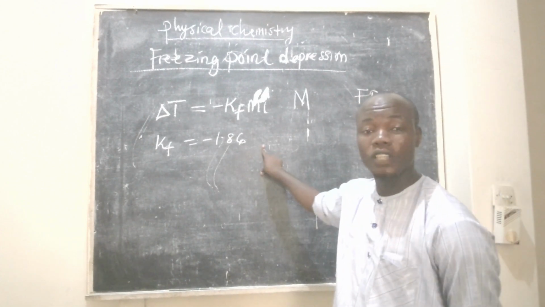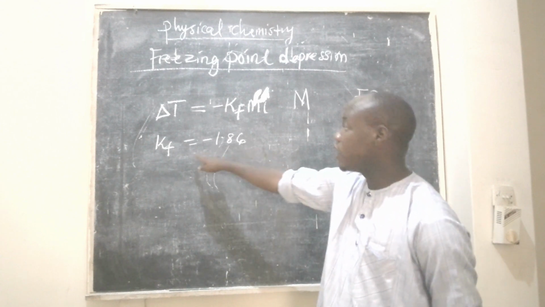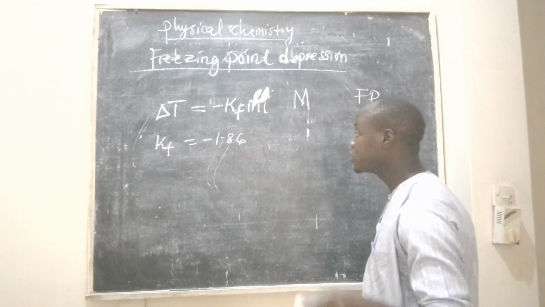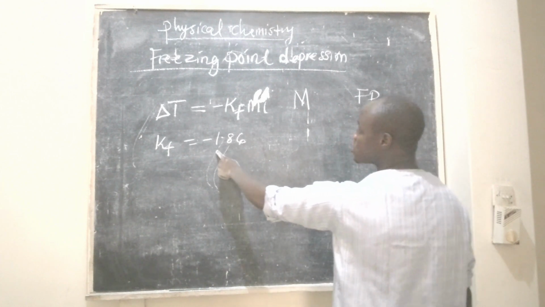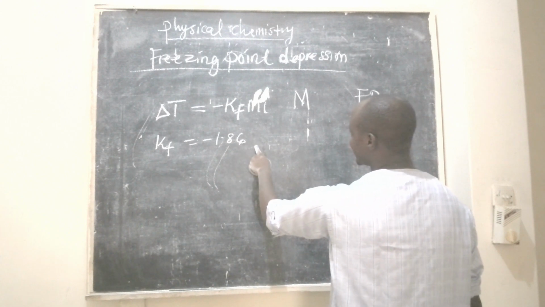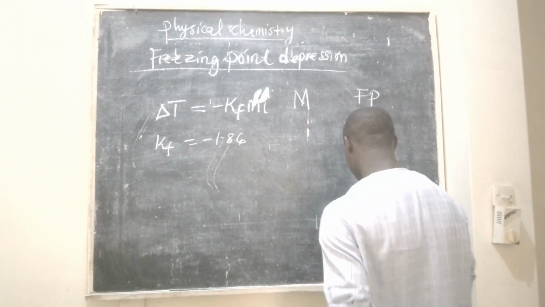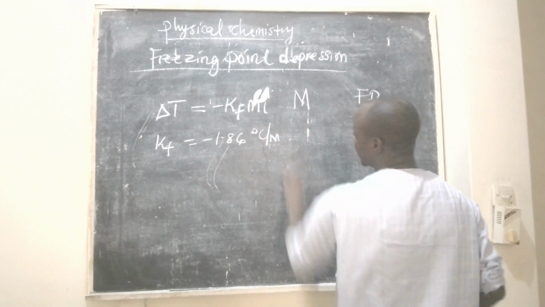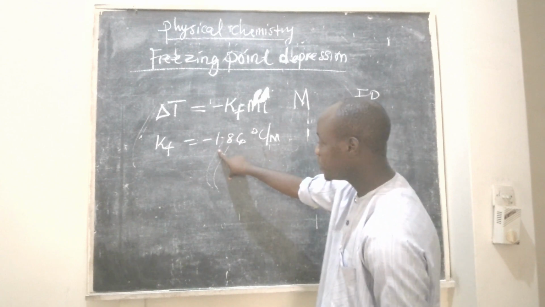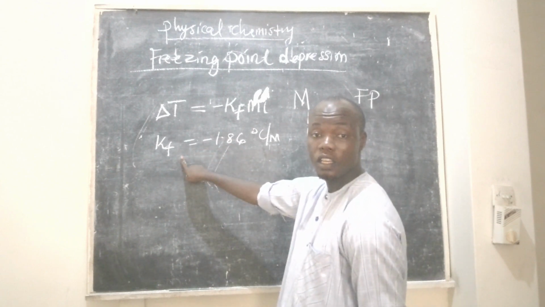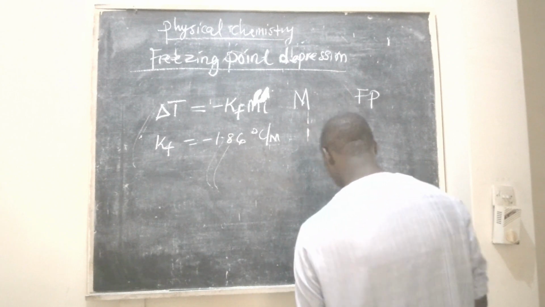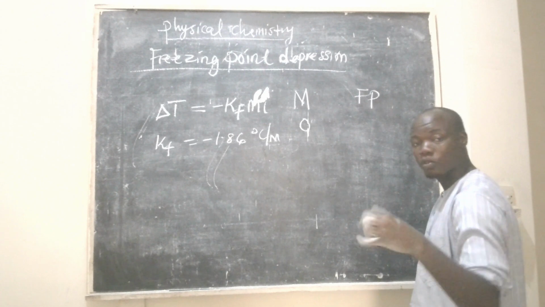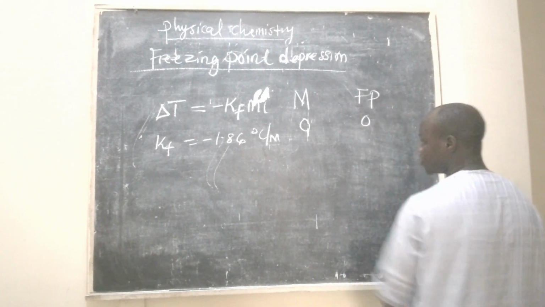The Kf of water, the cryoscopic constant, is minus 1.86 degrees centigrade for water. But if there is zero solute, the freezing point of water is 0 degrees centigrade.